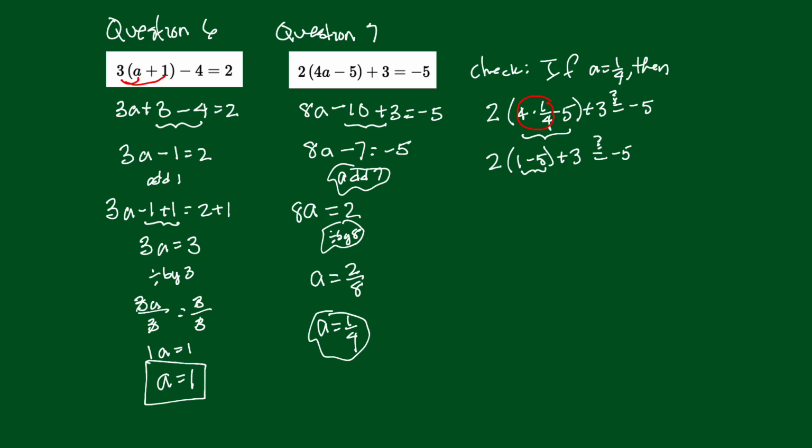Well, inside parentheses, that's 1 minus 5, that's a negative 4. So 2 times negative 4 plus 3, is that equal to negative 5? Well, 2 times negative 4 is negative 8 plus 3. Is that equal to negative 5? Well, negative 8 plus 3, sure enough, that's negative 5 equals negative 5, and it checks.